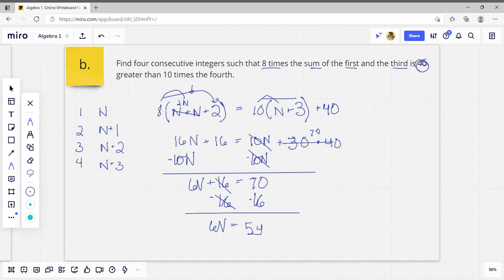Okay, and then we just divide by 6. And 6 times 9 is 54, so n is going to be equal to 9. And then our second one will be n plus 1, so that will be 10. And then our third one is n plus 2, so that'll be 11. 9, 10, 11, 12.